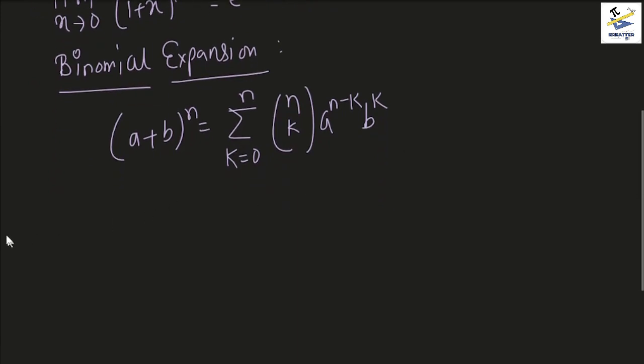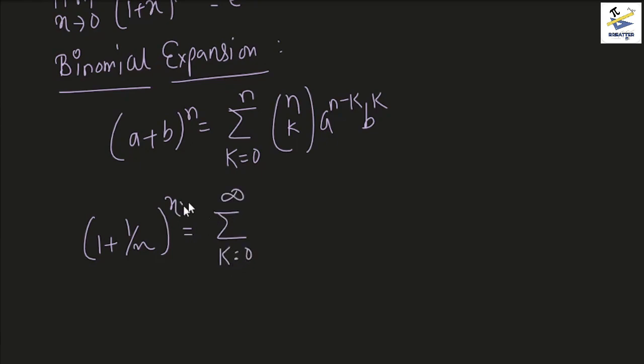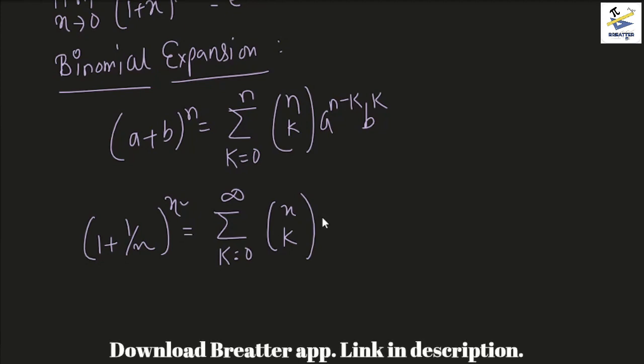This is also valid for rational numbers and real numbers, but we have not done that yet. But we can still use this to find it like this, though it would be an infinite series because of the x here. It should be x choose k, times 1 to the power of something irrelevant, times (1 by x) to the power k, right?